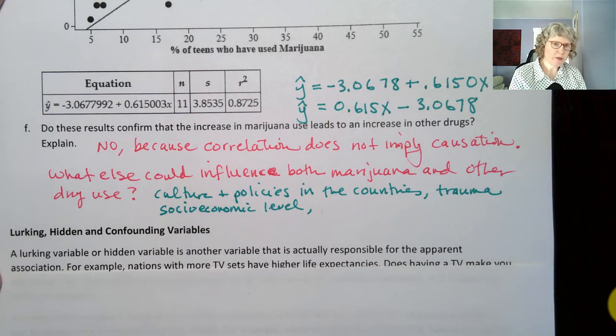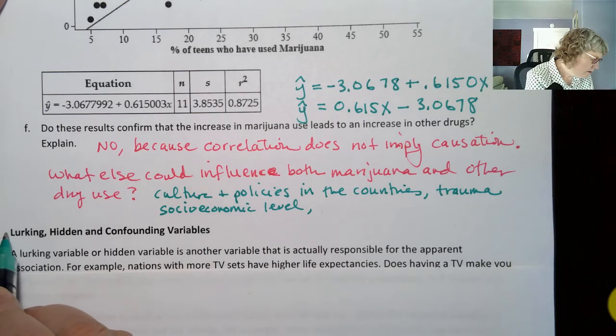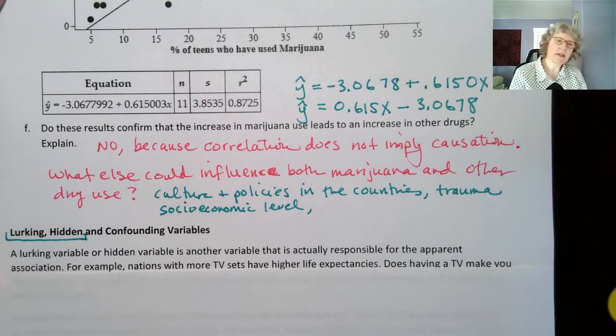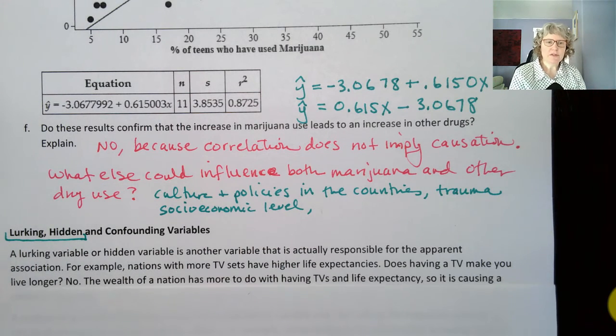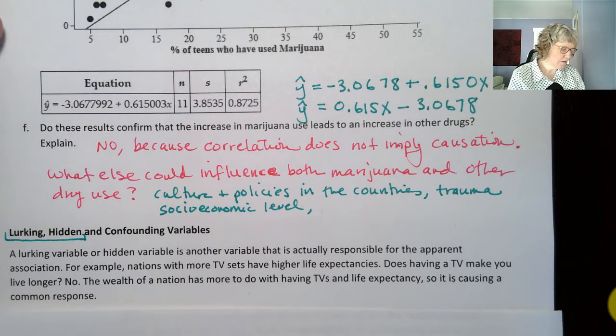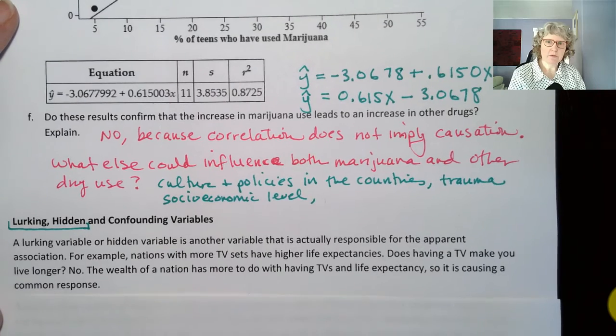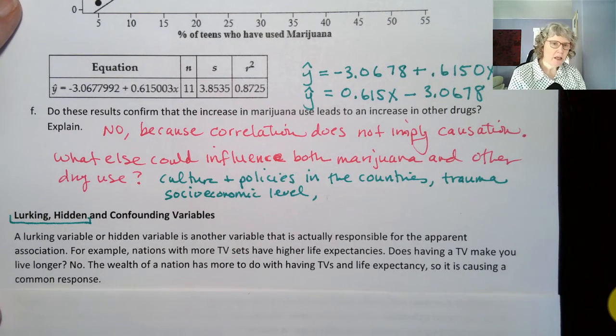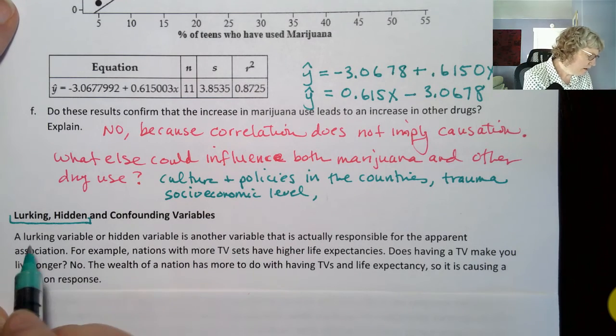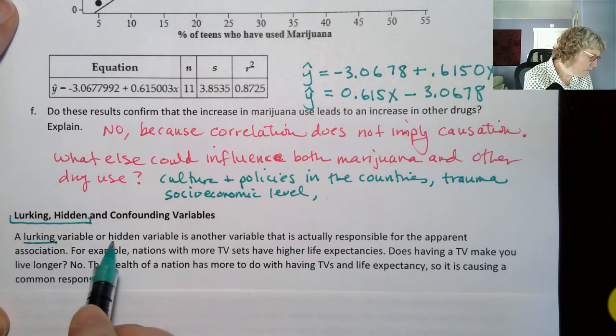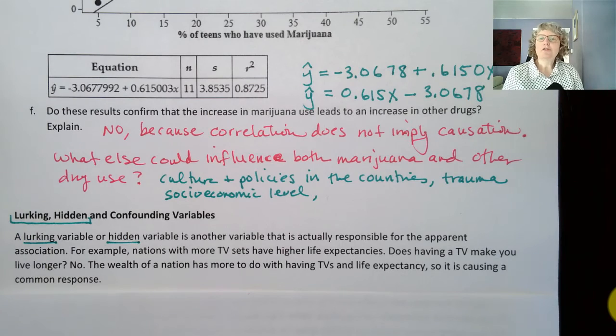Now, I've separated these into two groups. Lurking and hidden, to me, mean the same thing. I was doing some research on this because you see different things in different textbooks, and different authors think about it differently. To me and to a lot of people I was looking at online, lurking and hidden kind of mean the same thing. So think of if you're lurking online, you're watching, you're monitoring a discussion, but you're hidden, you're not participating.